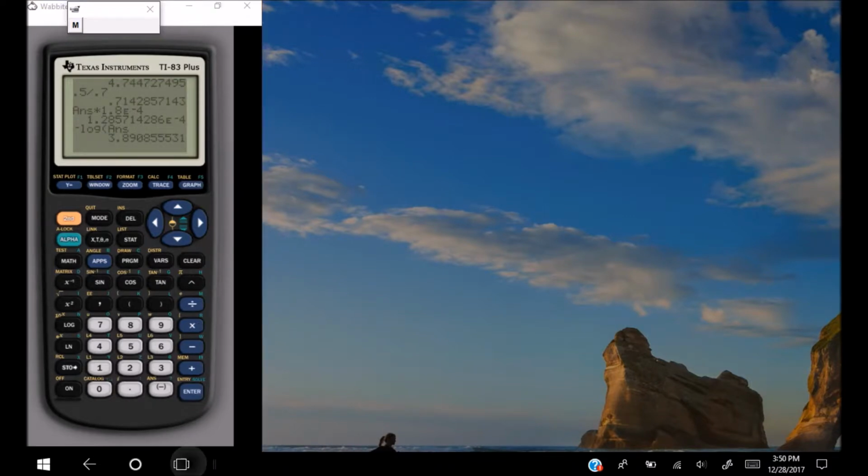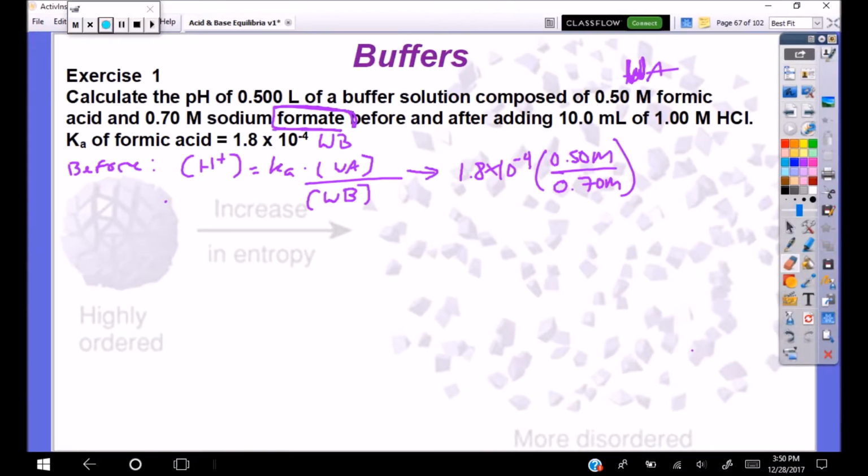So H plus equals 1.29 times 10 to the negative fourth. Therefore, pH is going to equal 3.889.